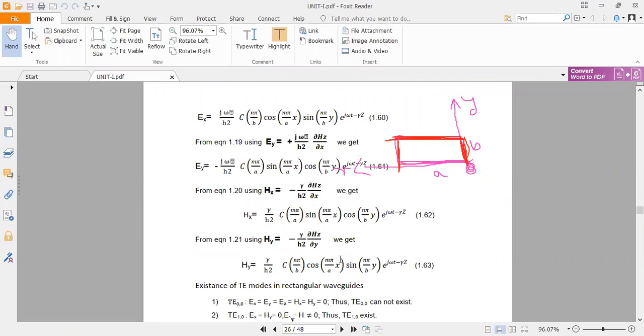Sin differentiation gives cos, and cos differentiation gives minus sin. And extra terms are added. What are these extra terms? E power of minus gamma z represents that the wave is propagating in the positive z direction, and e power of j omega t represents that it is a sine wave.